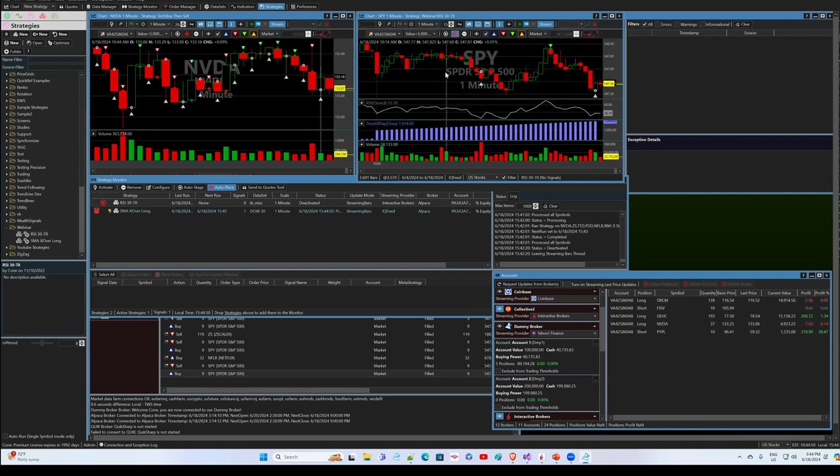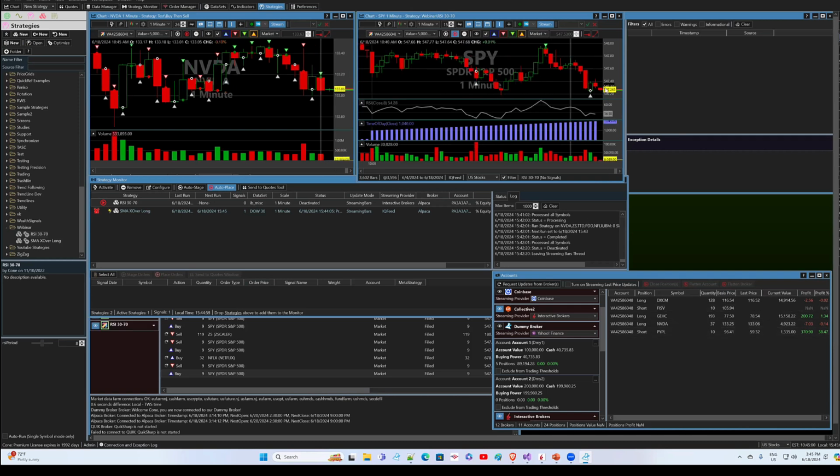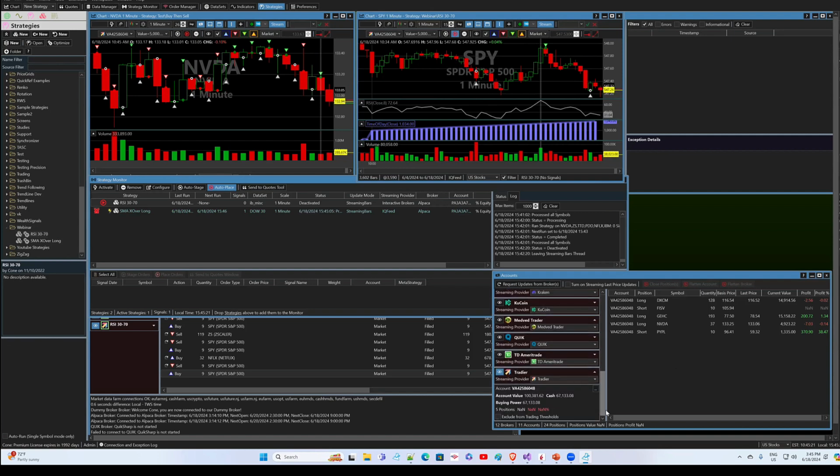And I'm going to hit the auto place button so that when we eventually do get a sell signal, which might not happen right away because we have to wait for it to bump up to 70, the strategy thinks that there's a long position, it's trading this hypothetically, and it's going to check this account, this is the Tradier account, for this position.